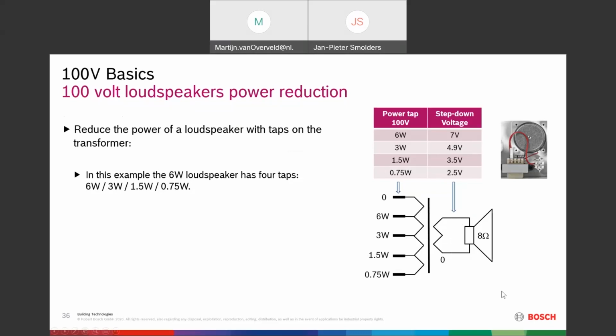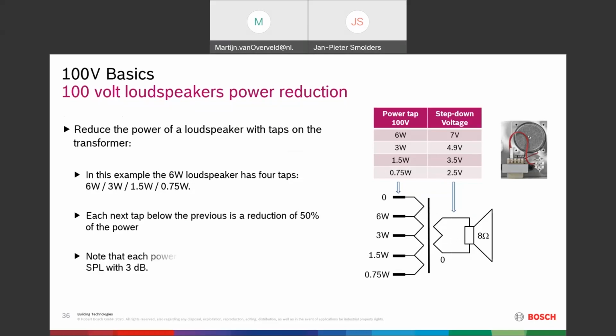That's what happens on the secondary side, on the loudspeaker. So it will reduce the power by 50%. Again, if you reduce power by 50%, it will also reduce the sound pressure level that this loudspeaker can produce by 3 dB. So it will become 3 dB less.